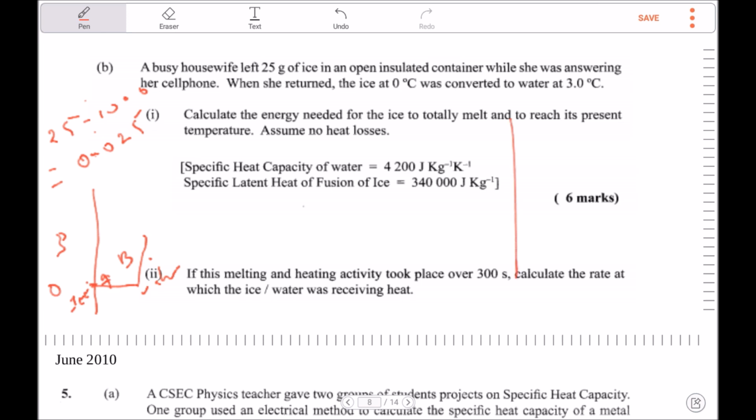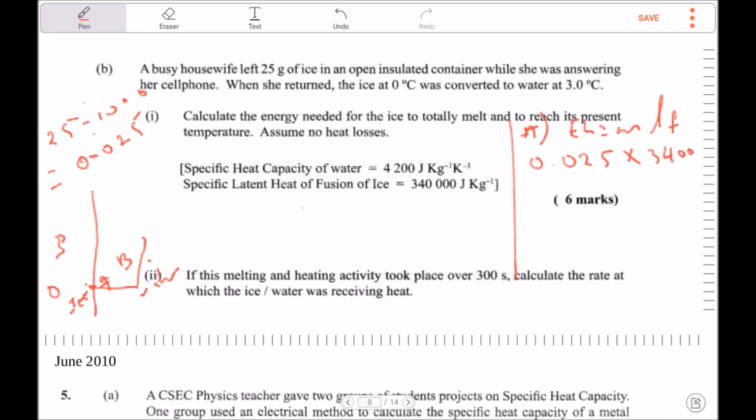So to do A, changing ice to water, that's heat energy equals mass times latent heat of fusion. So the mass is 0.025 kilogram times the latent heat of fusion of ice. Running out of space.